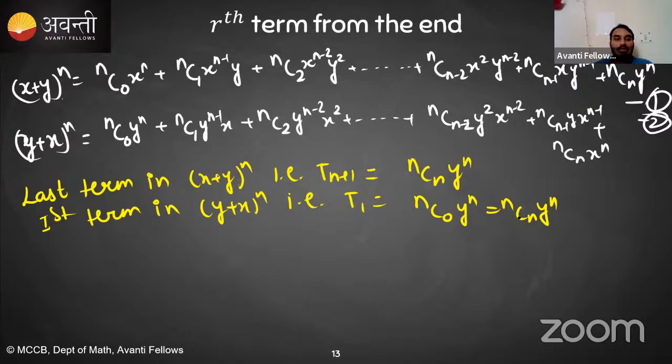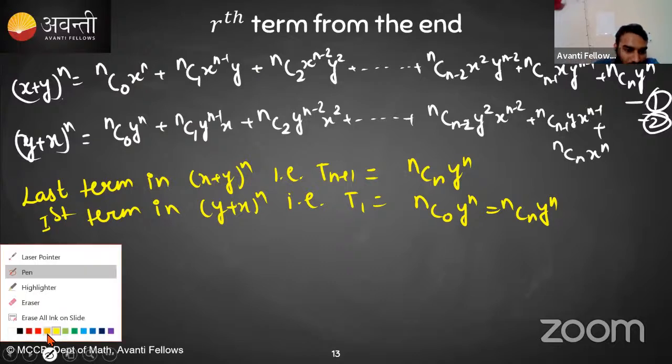So as you can see, the last term in the expansion of (x + y)^n is nothing but the first term in the expansion of (y + x)^n.